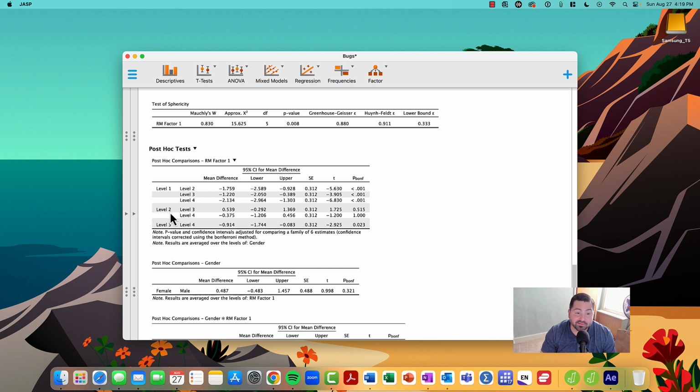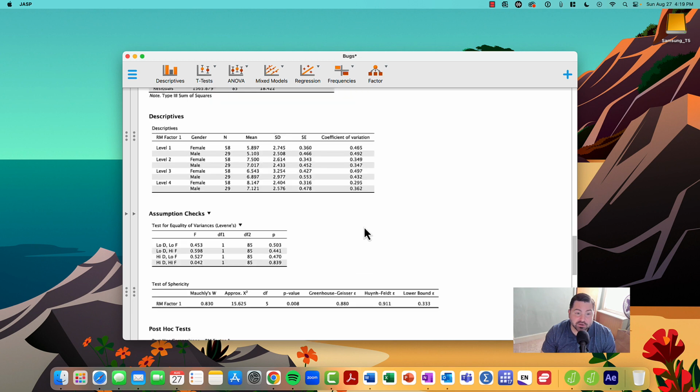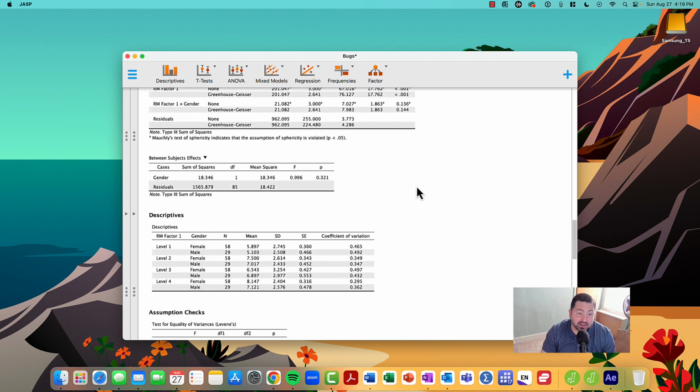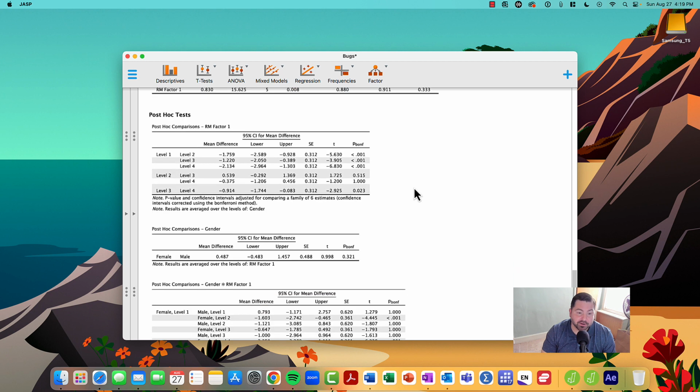But when we compare things like level 2 versus level 3 or level 2 versus level 4, we see that there's not a significant difference in the dependent variable for those conditions. So something with level 1 appears to be driving this finding in this case. But we also see that to a lesser extent, there's level 3 and level 4. They're also statistically significant. So importantly, whereas the ANOVA told us that the p-value was smaller than 0.05, it didn't tell us where those significant differences lied, and so we ran the post hocs in order to do so.